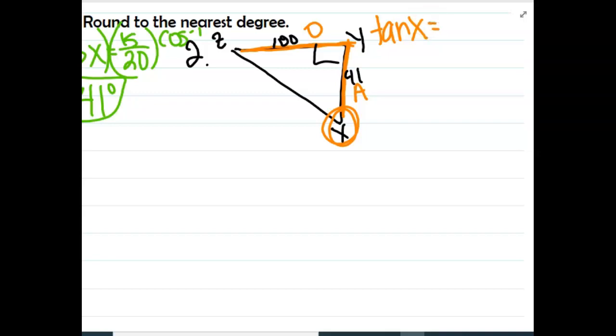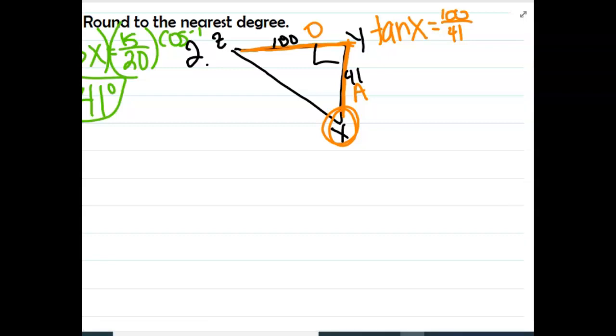When I take the tangent of x, when you take the tangent of any triangle that has that angle measure, you know the ratio is going to be opposite, 100, over adjacent, which is 41.